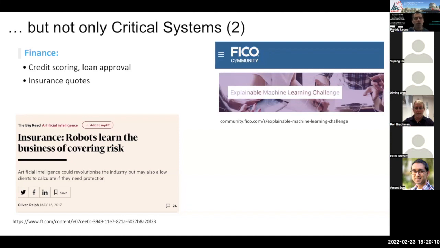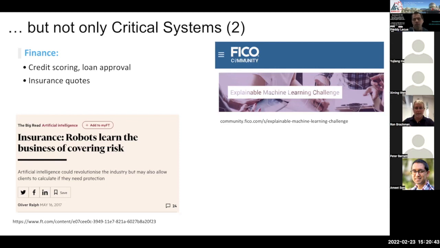So you can't make a system fully autonomous with no understanding of the rationale behind it. So having a model is getting tricky, particularly in the finance context. Finance is very important, and particularly 2-3 years ago at NeurIPS in Montreal, we had the very first challenge on explainable machine learning, and the data was provided by the FICO Institute, which provides the credit scores in the US.